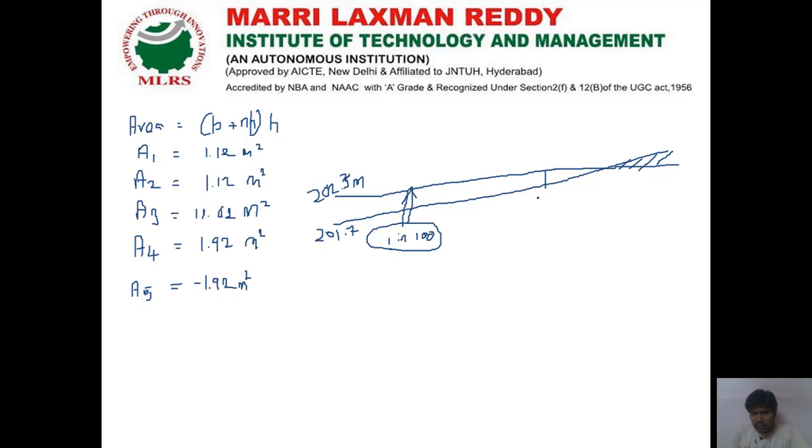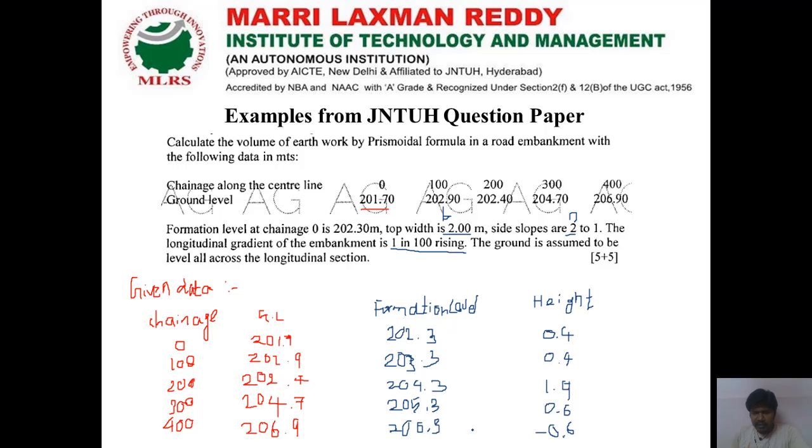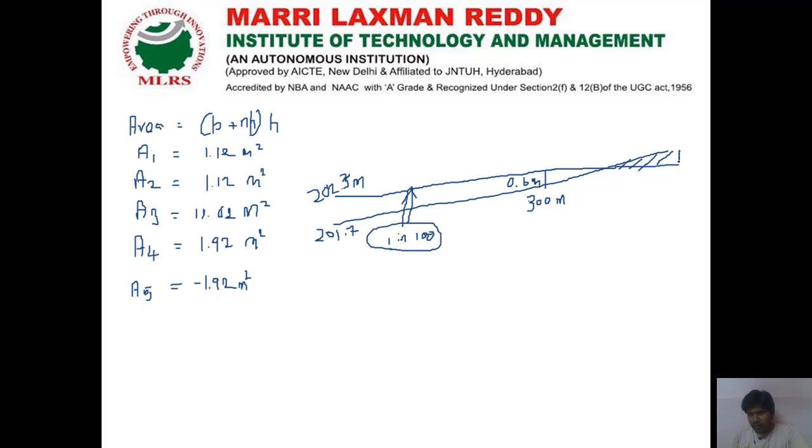At 300 meter chainage we are getting 0.6 meter as the height which we need to fill, but at 400 meter we are getting the height of minus 0.6, which means we have to do the cutting quantity here.